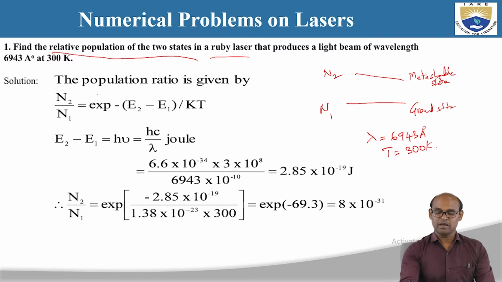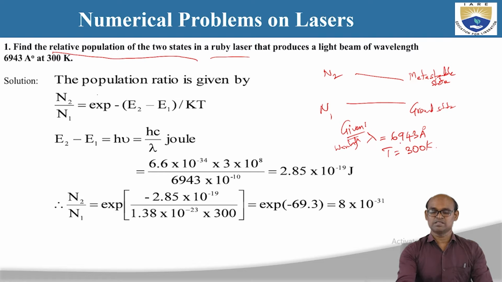So the given parameters: the wavelength of the beam, lambda, is 6943 angstroms, and the temperature T is 300 Kelvin. With these input parameters, we are going to find the relative population between the two states N1 and N2.